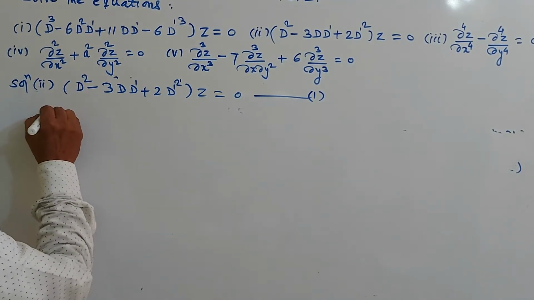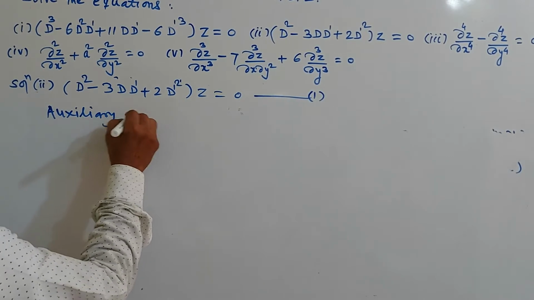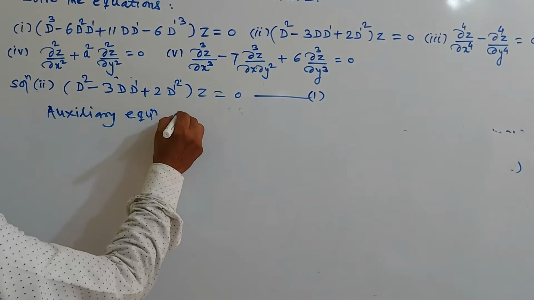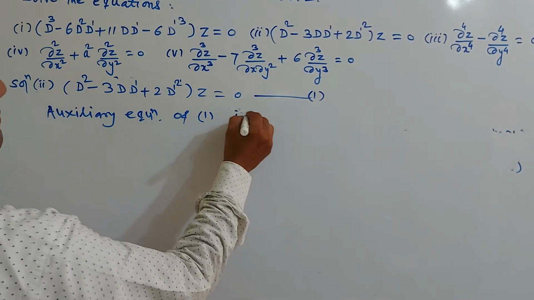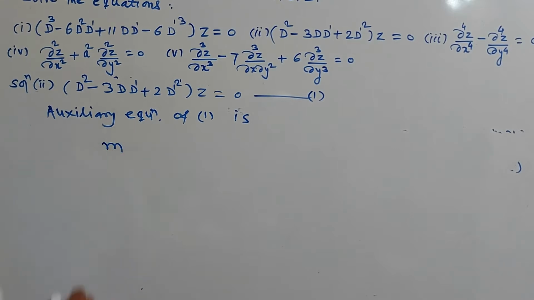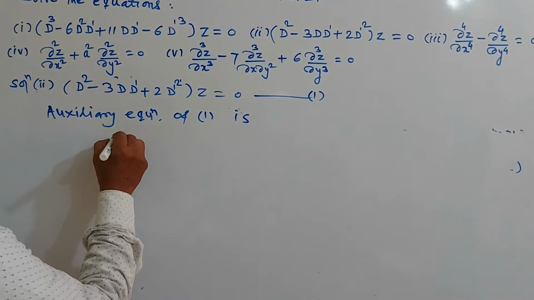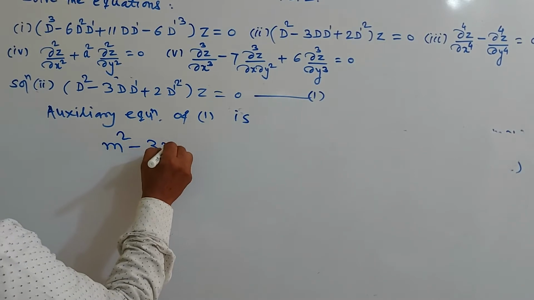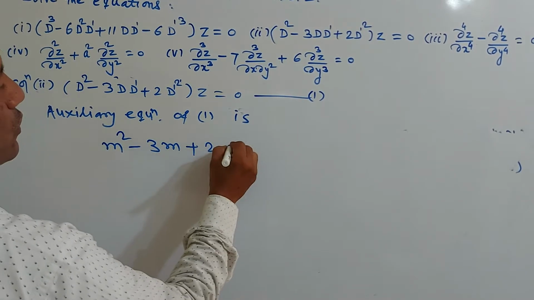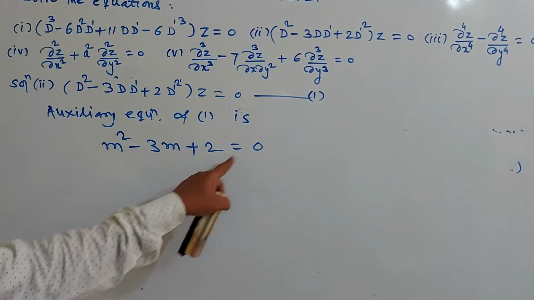The auxiliary equation of 1 is, what is its auxiliary equation? You put D is equal to m and D' is equal to 1. m square minus 3m plus 2 is equal to 0.